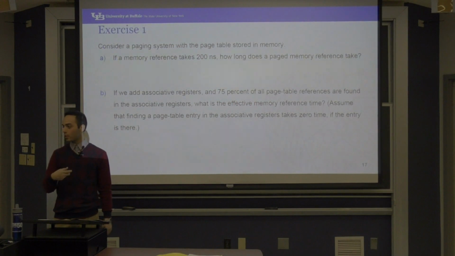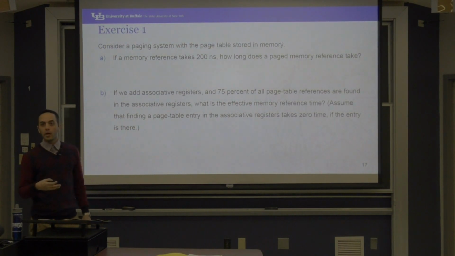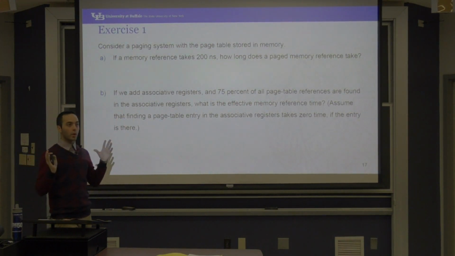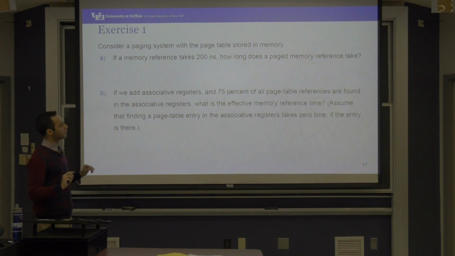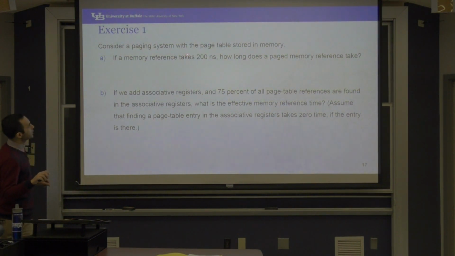Okay, so this example sums it up a little bit better. This covers everything, both paging and the TLB and the demand paging. So we say, consider a paging system with the page table stored in memory.